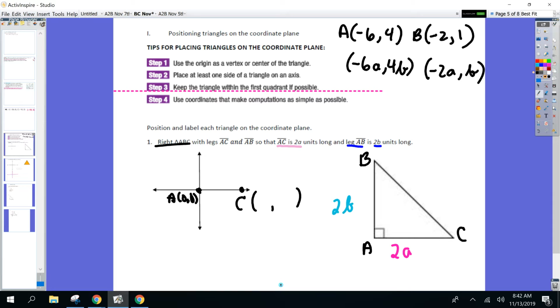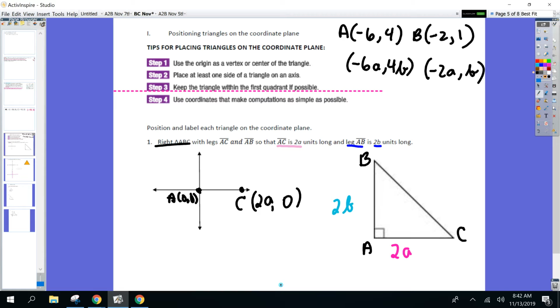No matter where I put it, a point on the x-axis, what coordinate is always 0? What about your x-coordinate here now? Remember, it's got to be how long? It's got to be a length of 2A. So what's my only option to put in for x? 2A. Yep. Now this is from 0 to 2A. Perfect.